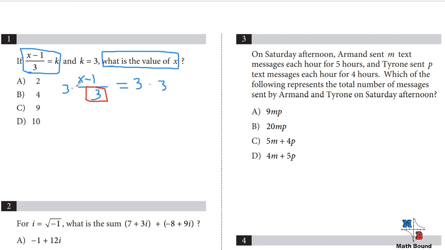So these 3's go away, and you're left with x minus 1 equals 9, since 3 times 3 equals 9. If x minus 1 equals 9, then what is x? We can add 1 to both sides to get x equals 10. And there you have it, that is our answer for x.